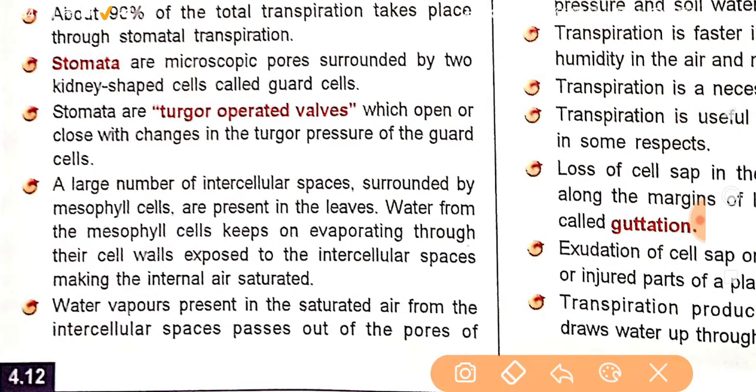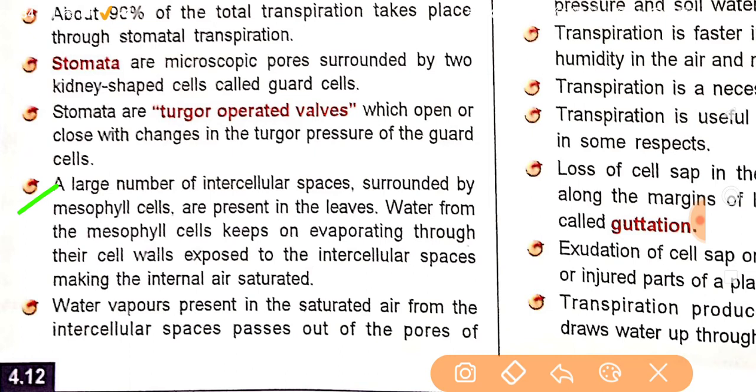A large number of intercellular spaces, surrounded by mesophyll cells, are present in the leaves. Water from the mesophyll cells keeps on evaporating through their cell walls, exposing to the intercellular spaces, making the internal air saturated.